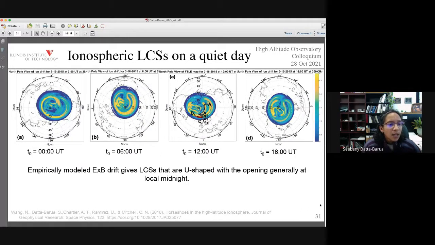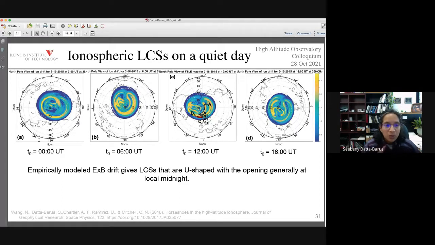Each of these is a view of the North Pole with noon oriented at the bottom, and using an empirical model for electric field and the International Geomagnetic Reference Field for the Earth's magnetic field, we can compute E cross B drifts.